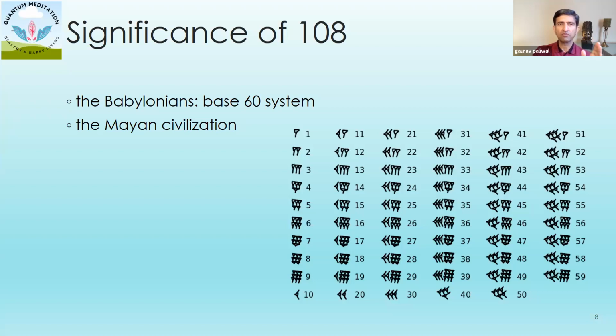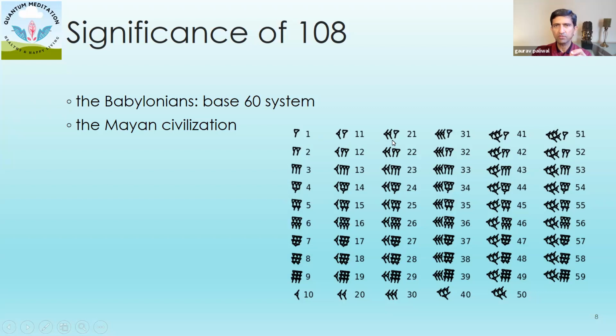So they had this chevron for 10, and then they would put 2 for 20, and then go 30, 40, 50, that kind of thing. And you can see in their symbols, if you look between 1 and 11, the only difference is that there is a chevron before the symbol of 1, so it becomes 11.